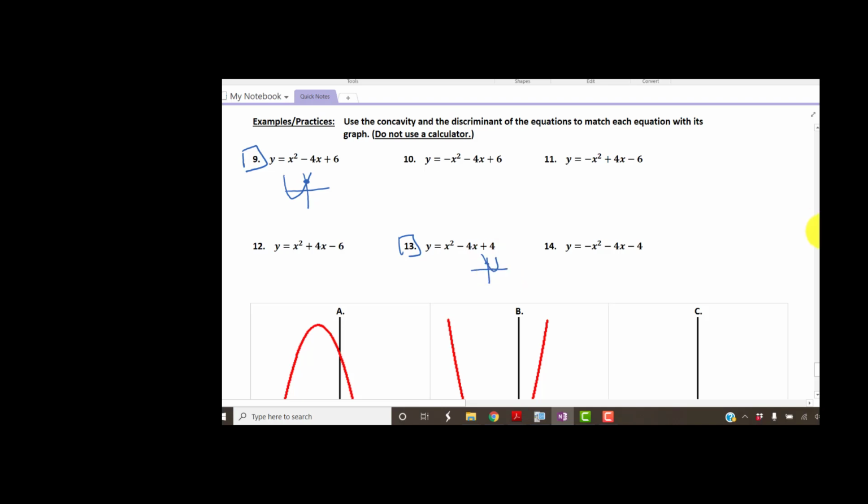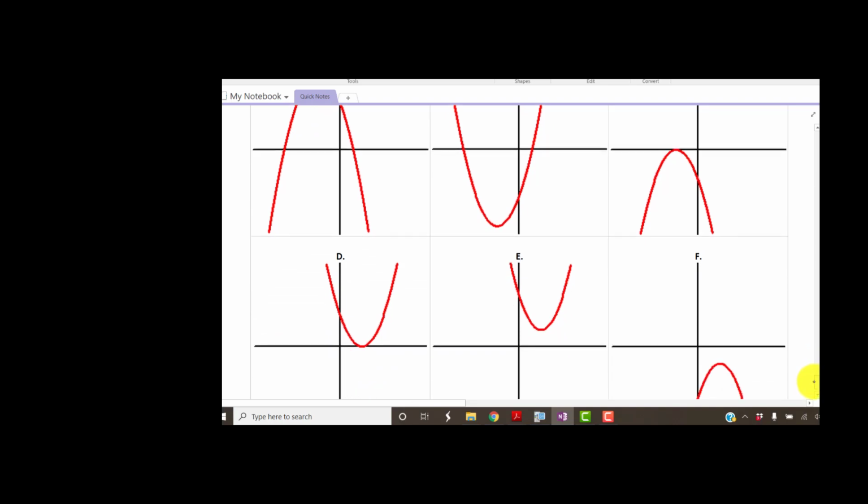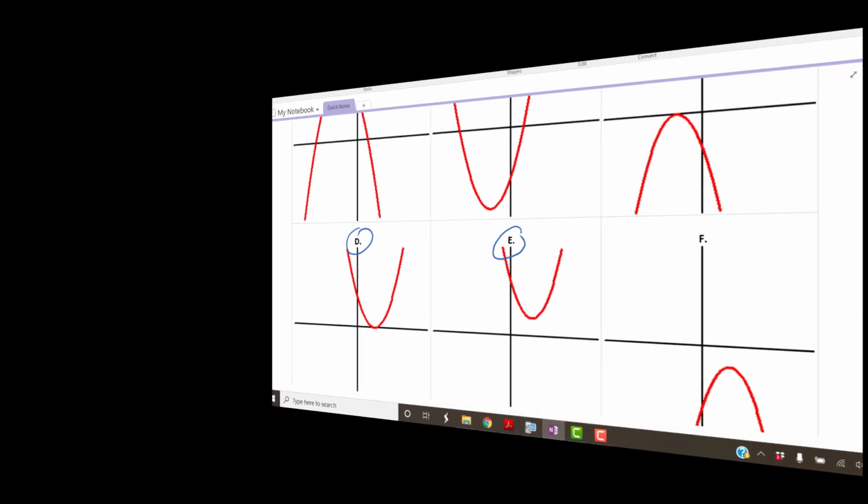So there's no way for you to determine which one is which. It could be D or it could be E, right? How do I know? So I need another way to look at these equations to be able to determine which graph it is, okay? So let's start again.